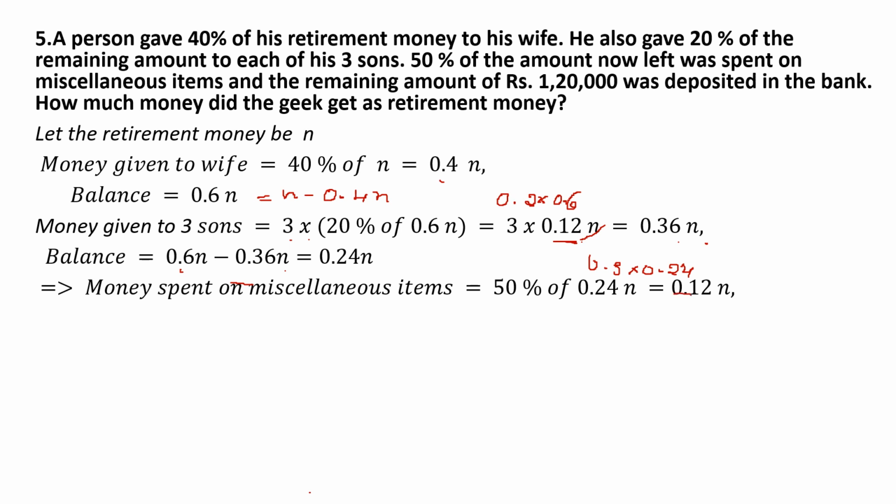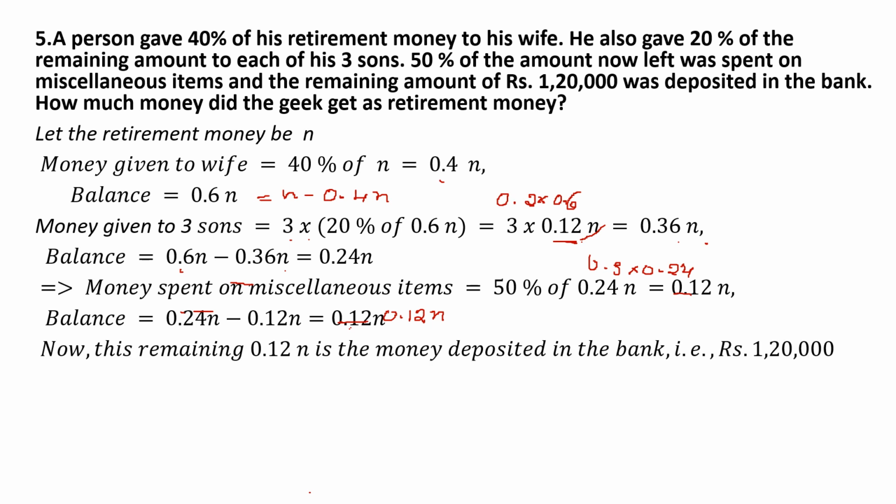Now the remaining amount is deposited in the bank. So what is remaining now? Balance is how much? 0.24 minus 0.12, 0.12. So balance is 0.12n. Now this remaining 0.12n is deposited in the bank, which is equal to 1,20,000.